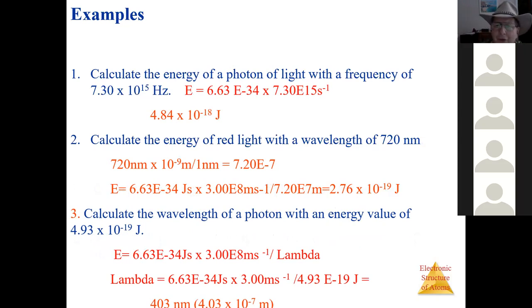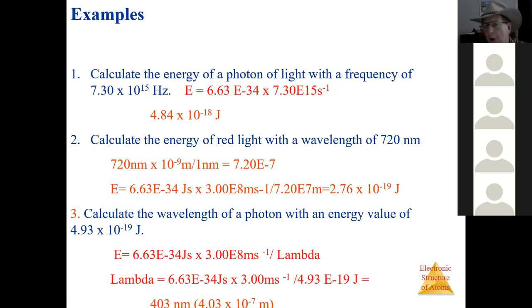So if I want a mole of the photons, what do I have to multiply this number by? This is the joules per one photon. If I want a mole's worth of photons, what am I multiplying it by? Avogadro's number. Okay.